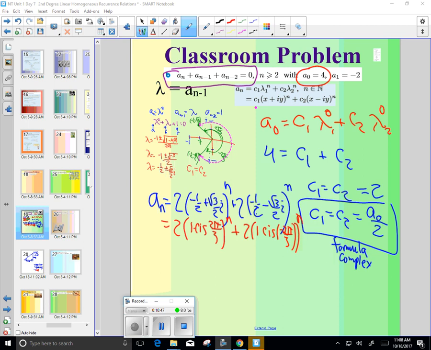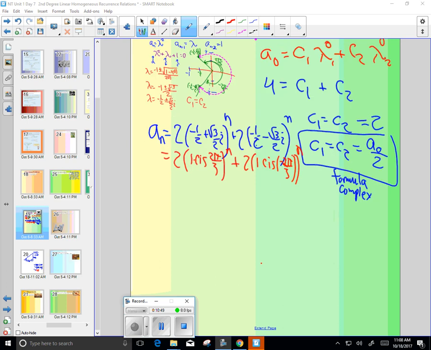All right. Now, we unfortunately are not done yet. What we have here is 2 cis 2 pi over 3 to the nth power. And with cis, there's a property, it's a log type property that's like logs. What can you do with the power if you have a function to a power in a log?